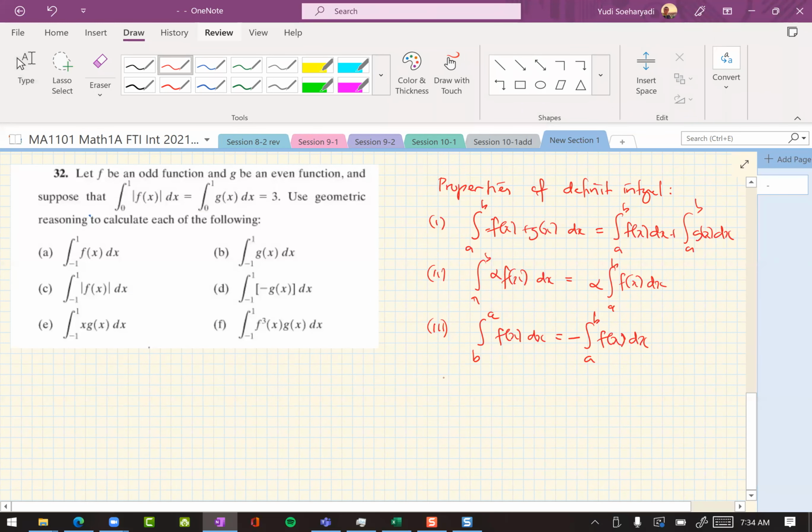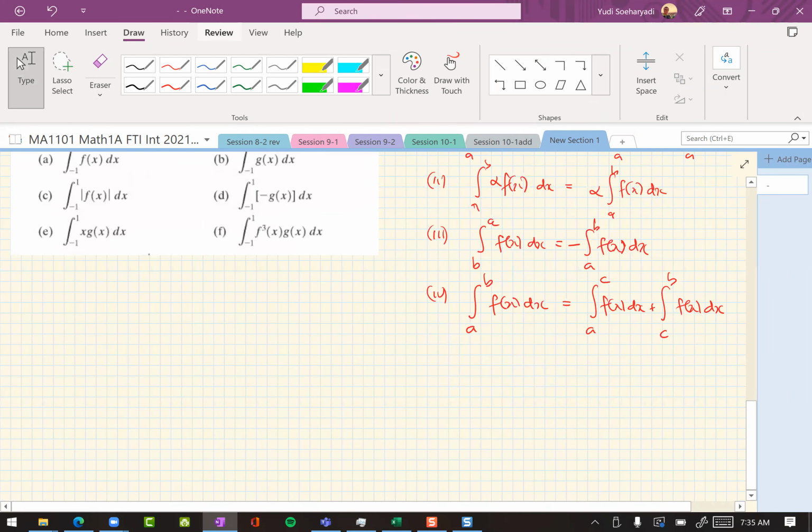And then the fourth one is that if you have this one, then you can compute from A to C first, and then from C to B. I won't prove this one, but we will use them.